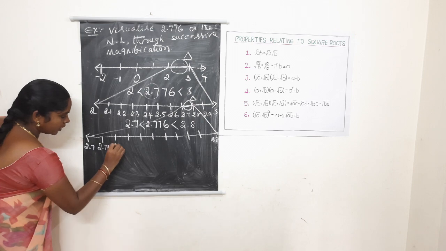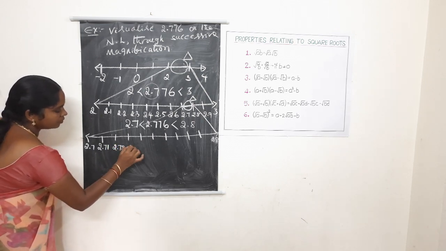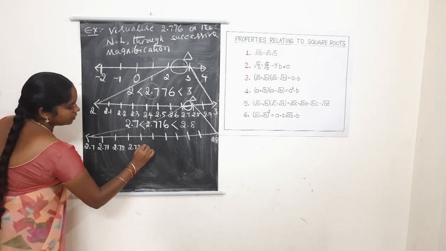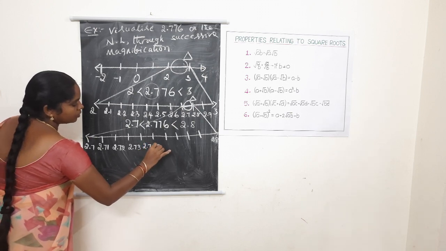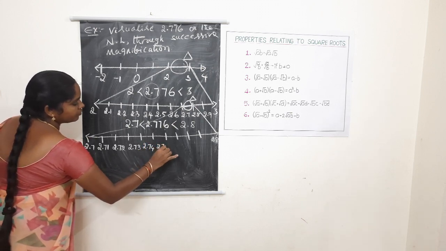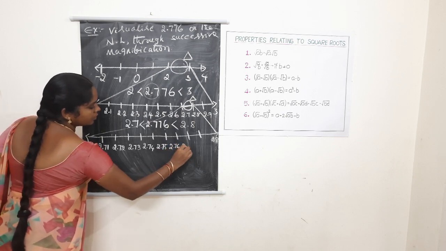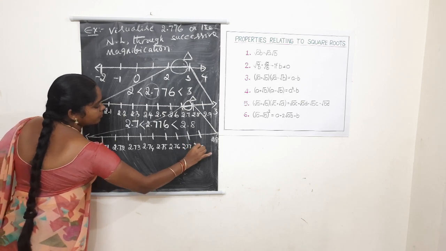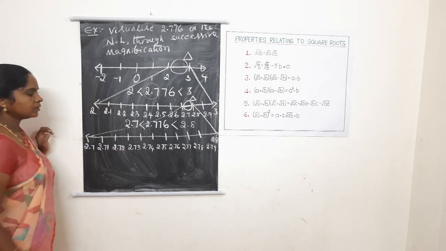First point will be 2.71, 2.72, 2.73, 2.74, 2.75, 2.76, 2.77, 2.78, 2.79 and 2.8.